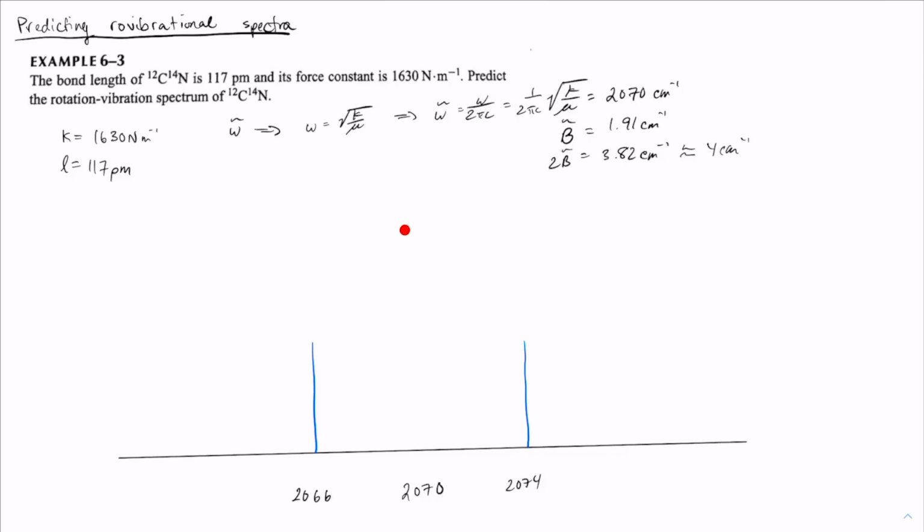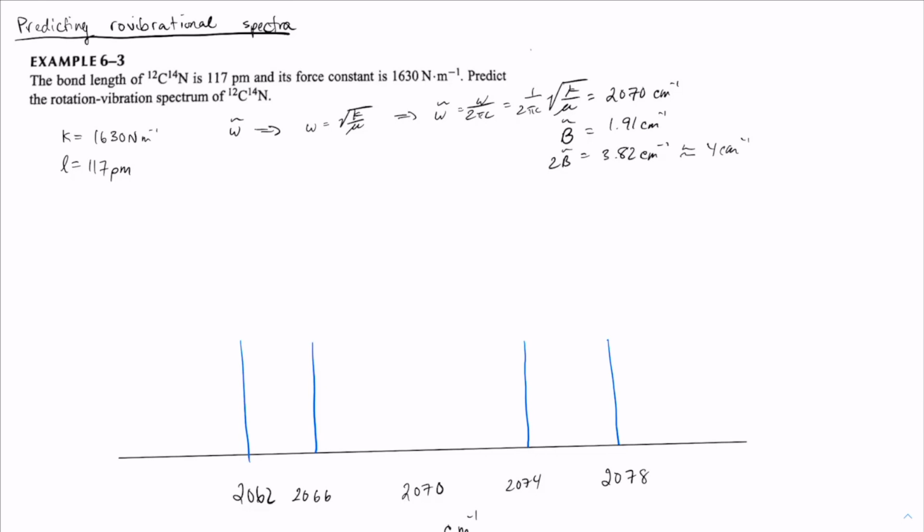All right, so the next line will be at omega tilde plus 4b tilde. So this will be over here, and also at minus 4b tilde, so over here. And these lines are at 2078 and at 2062. And again, these units are all wave numbers.